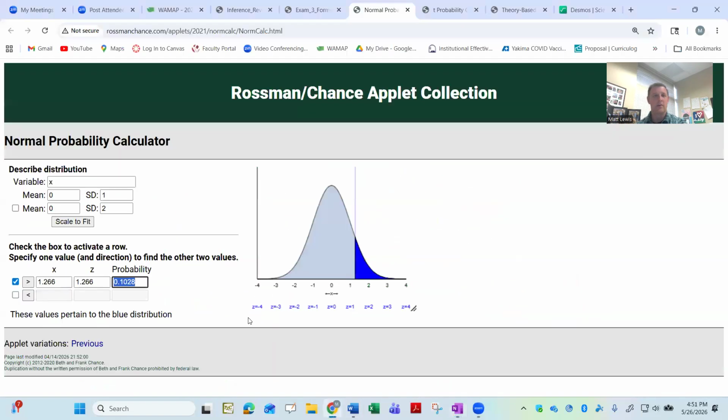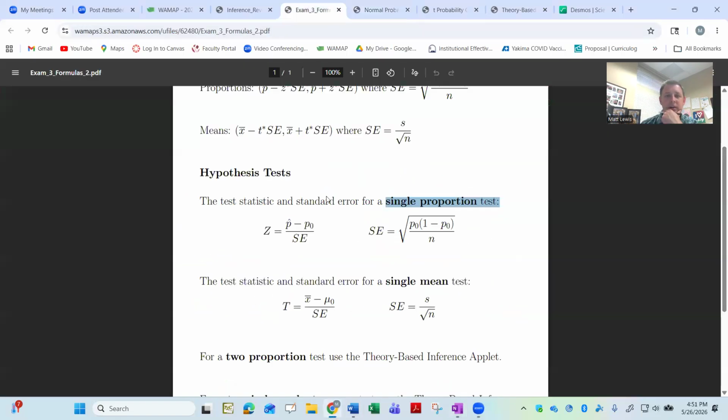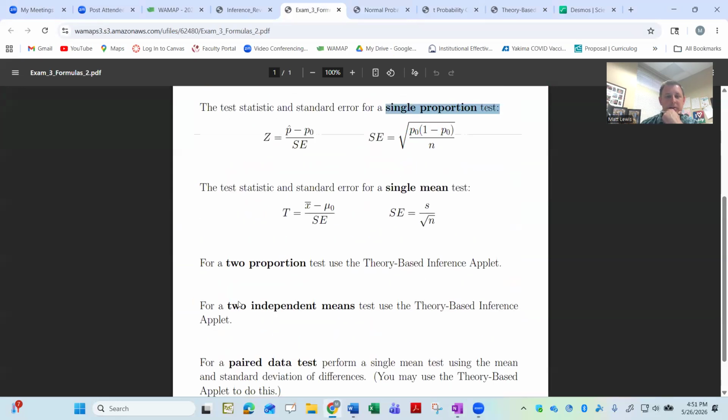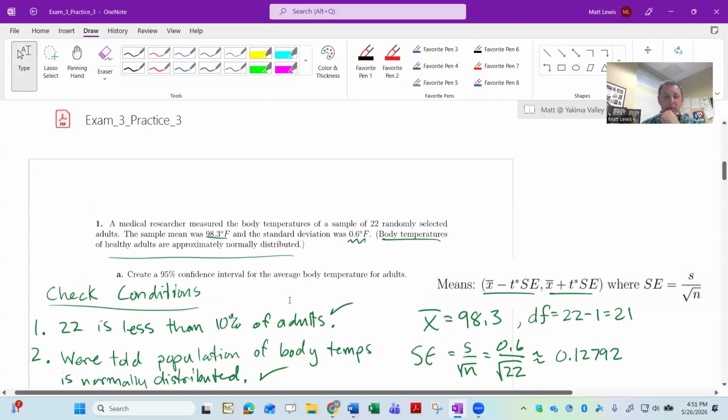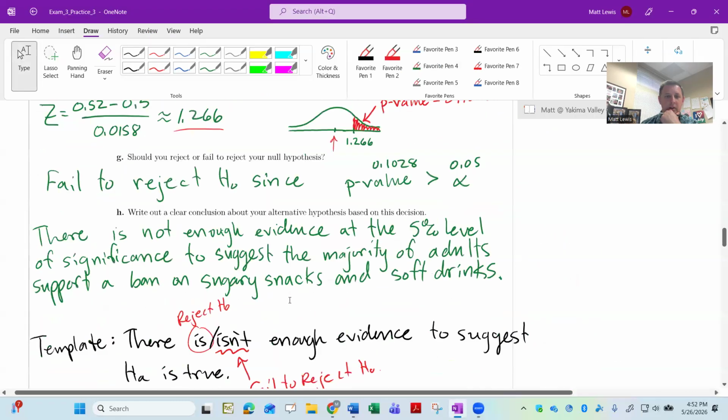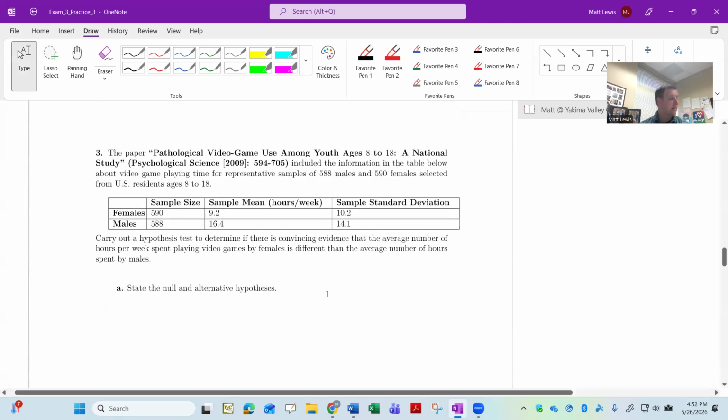So I go to my formula sheet. And so here we are, two independent means, use the theory-based inference applet. So we now know what we're doing. We don't need a bunch of formulas here. But what we do need to do is set up our hypotheses carefully. So I'm going to carefully define my parameters here.